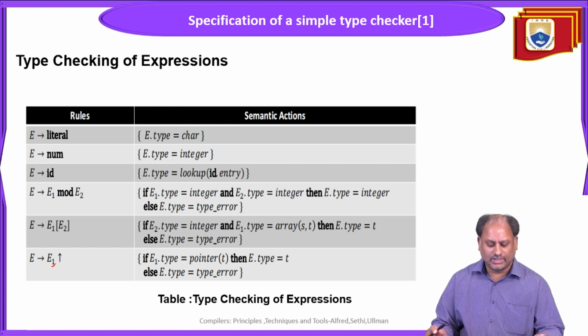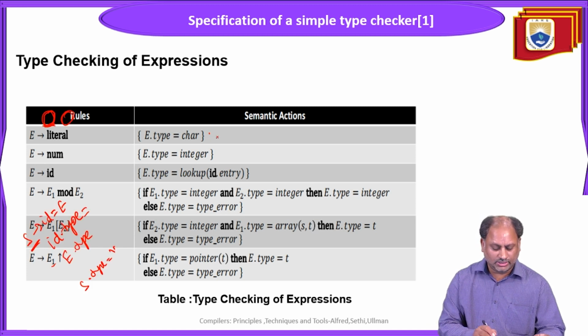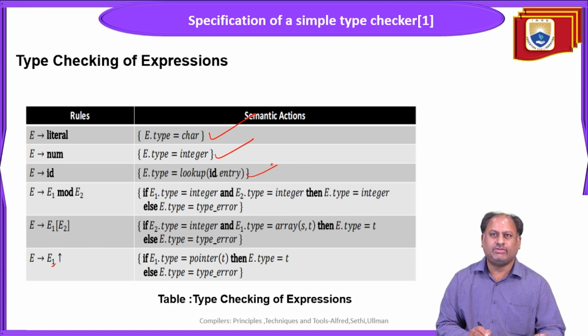That is type character, an individual type, and integer number. And lookup of identifiers is to be verified based on the lookup entries method. And for E1 mod E2, if expression E1 is of type integer and expression E2 is of type integer, then it is an integer and holds good. Else error.